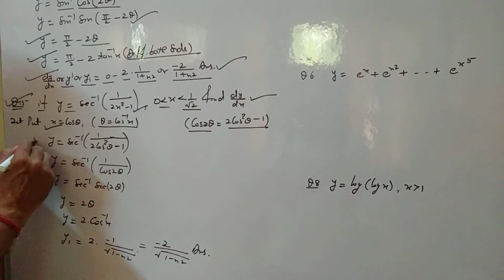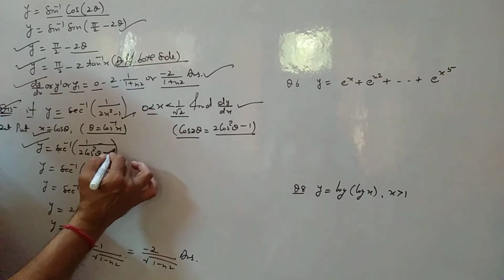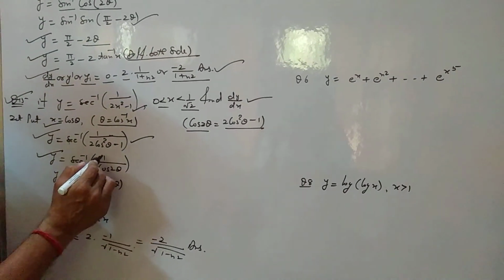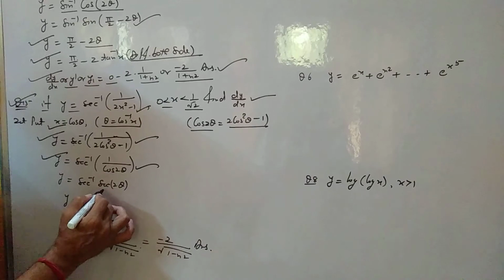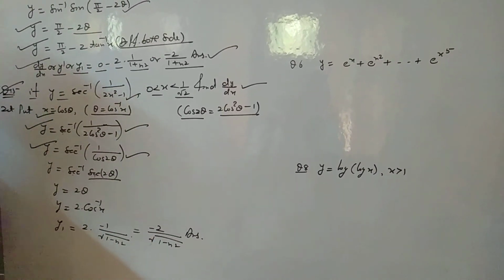Put x is equal to cos theta, then the question converts to sec inverse of (1 upon 2 cos square theta minus 1). So y is equal to sec inverse of 1 upon cos 2 theta, that can be written in the form of sec 2 theta. Sec inverse and sec are cancelled.